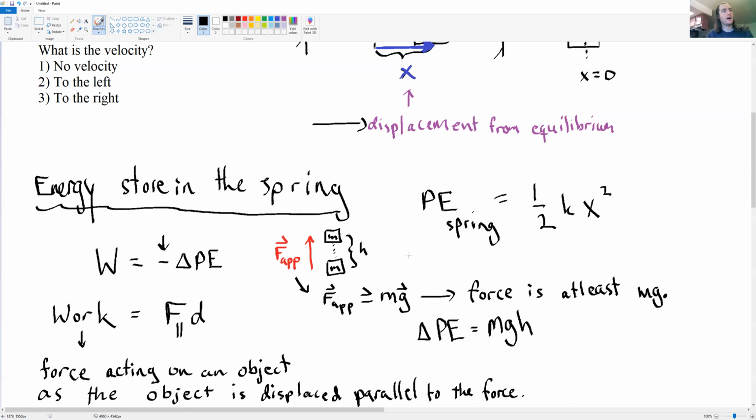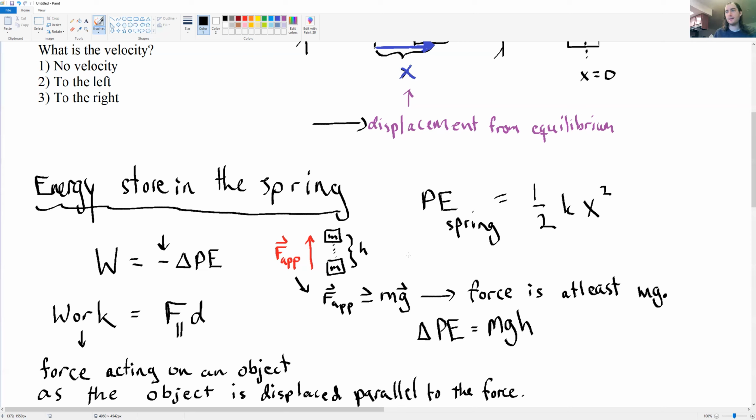That would be energy lost. So all that extra energy from me applying a force bigger than mg would just be lost to my body heat. But the gravitational force is always the same, mg. And so the gravitational potential energy is always referenced to the gravitational force.